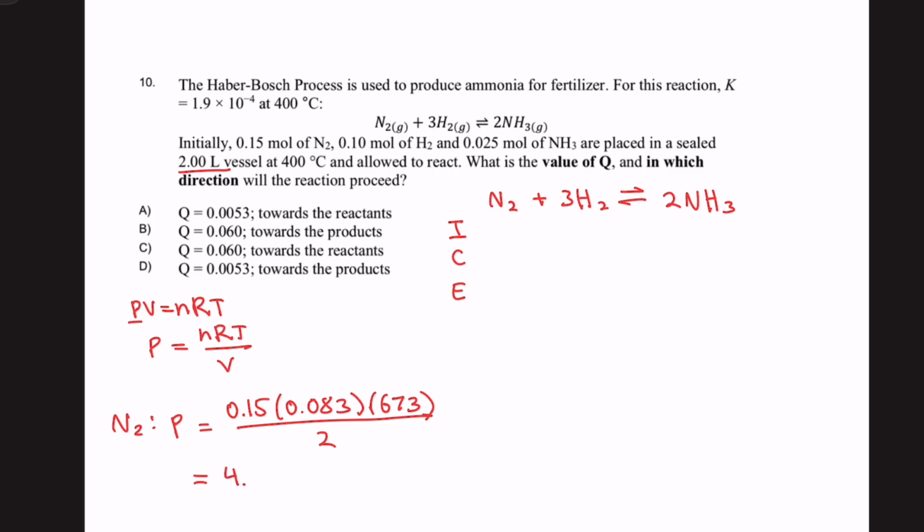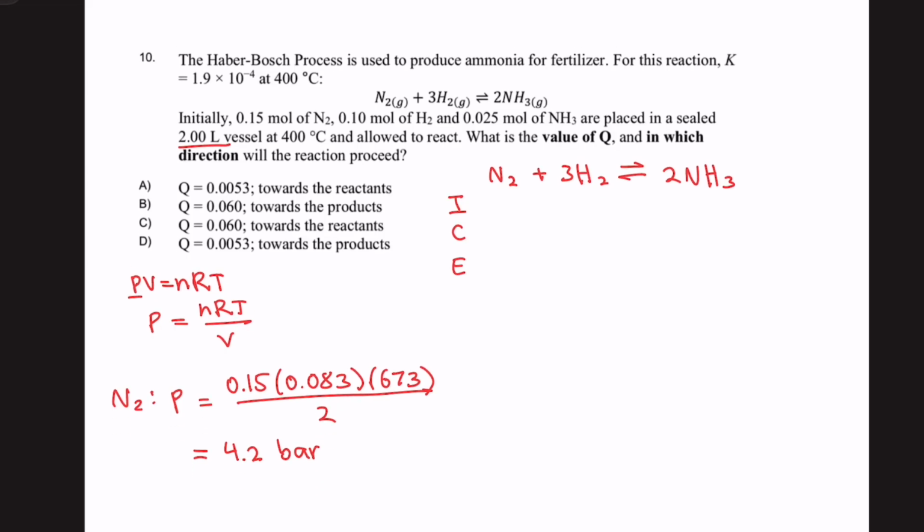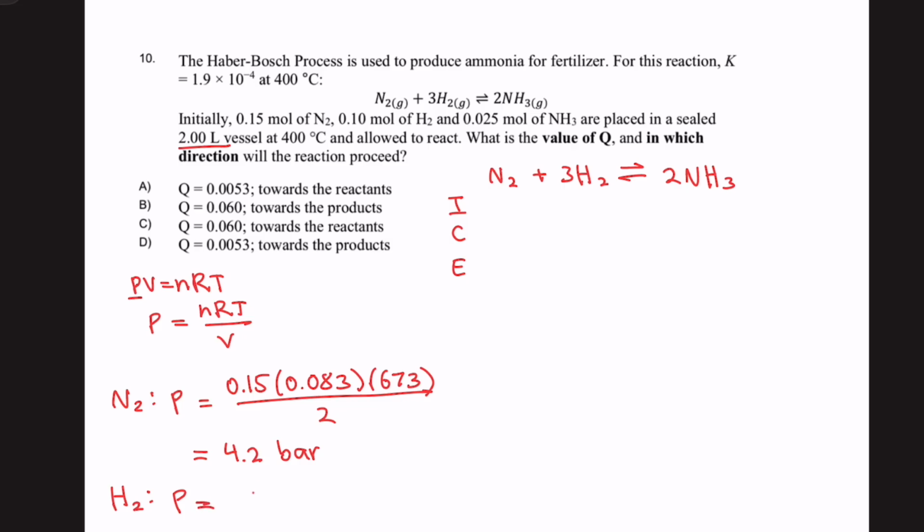So the pressure of N2 is 4.2 bars. So now we're just going to do that for the other 3 gases. So H2, we have 0.1 moles times R. The temperature is the same for all of these, and so is the volume, and we will get 2.8 bars. And then lastly, we're going to do NH3.